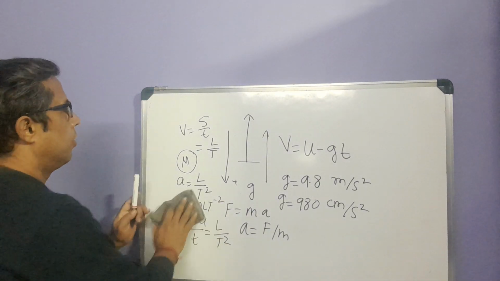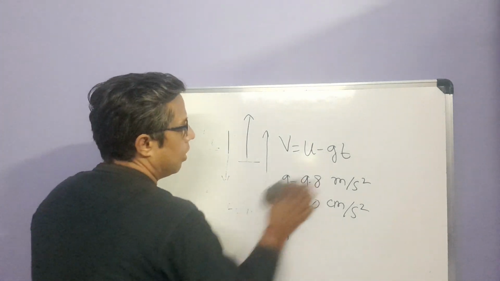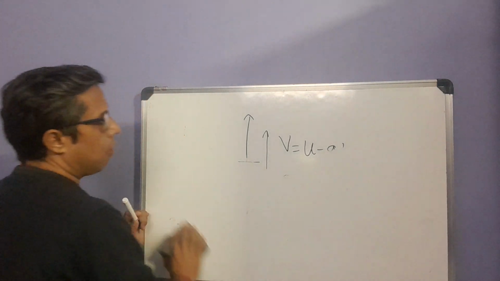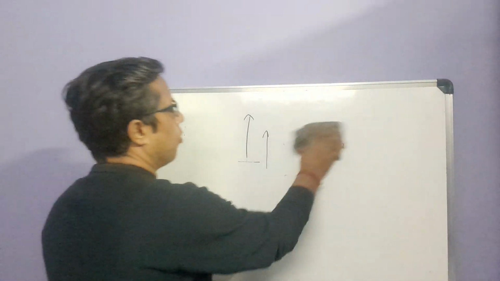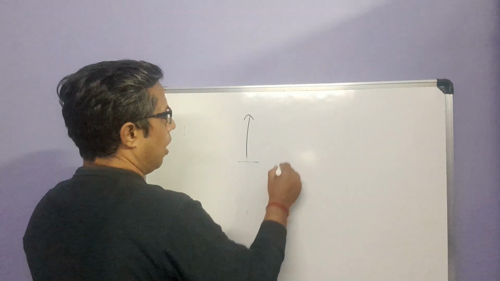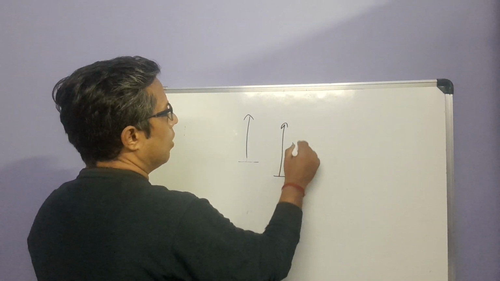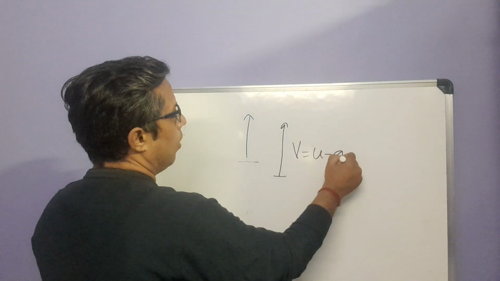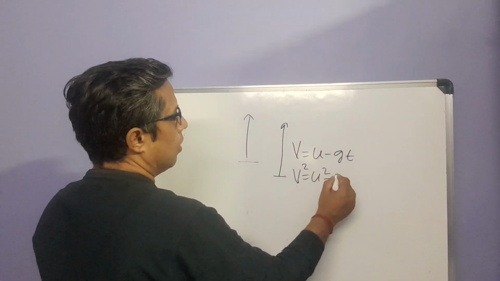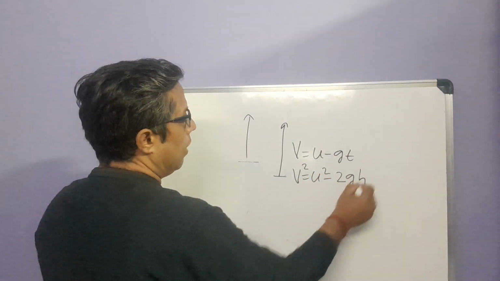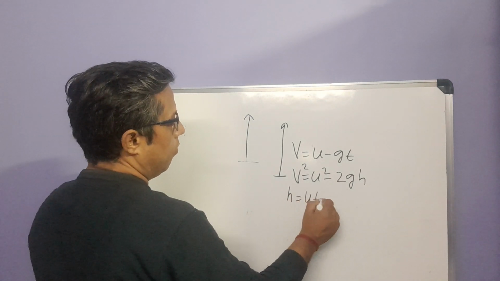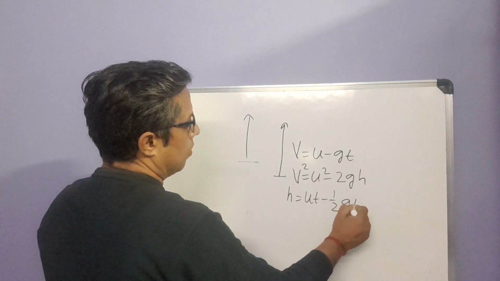Okay. Now, what about the upward motion and downward motion? In downward motion, g is positive, right? If I am throwing a ball in the upward direction, my equations will be v is equal to u minus gt, v square is equal to u square minus 2gh, and h is equal to ut minus half gt square.